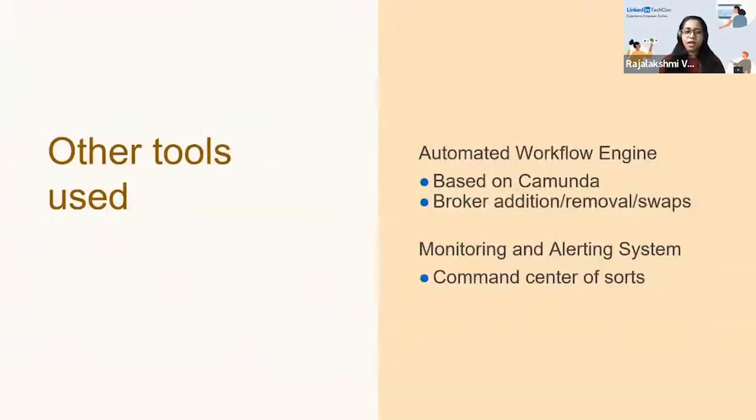We also use other workflow tools to make our lives easier. We use a workflow automation engine, which is based on Commanda, to remove brokers, add brokers, and swap brokers in and out of the cluster.